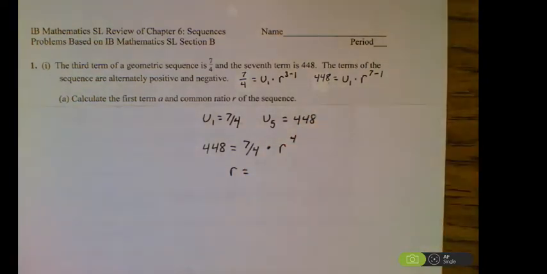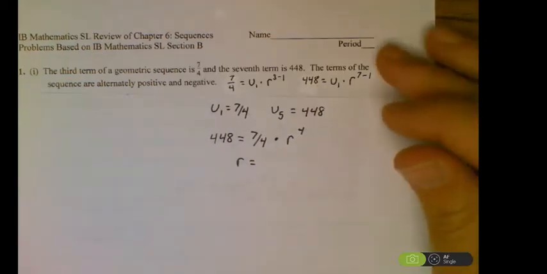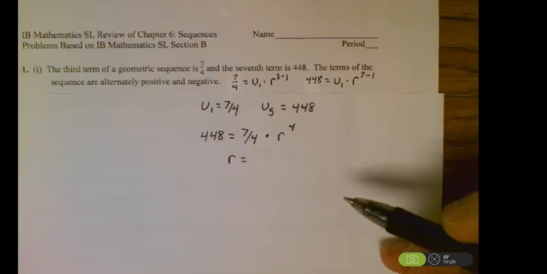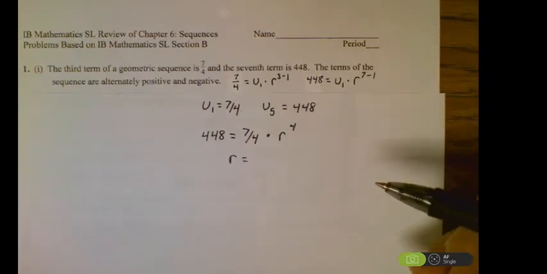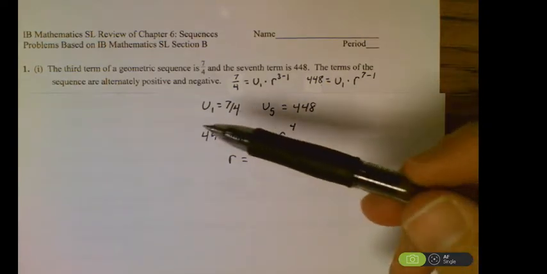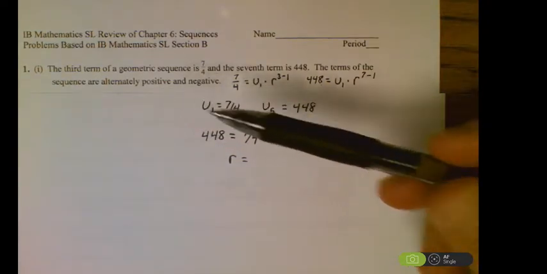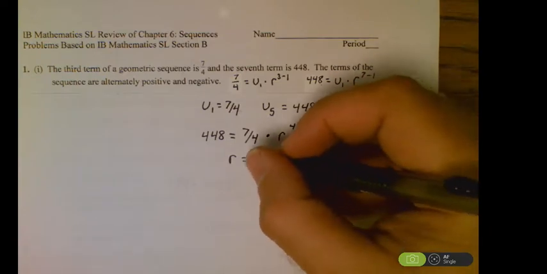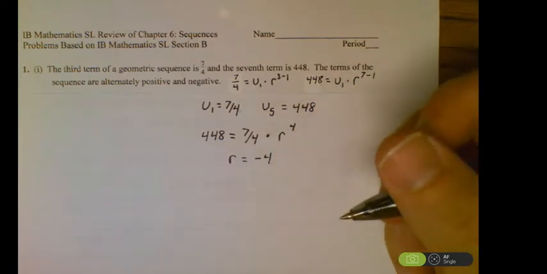And so if you did that process, looks like we come out with a common ratio of either 4 or -4. So remember, anytime you take an even root of another number, you're always supposed to throw in a plus or a minus. But in this case, because they alternate signs, we know it has to be the negative version of that answer. So that's why our common ratio is -4.